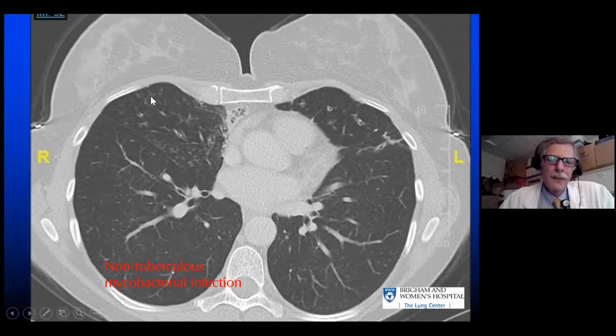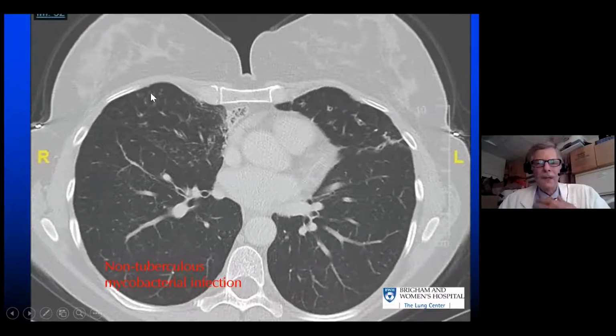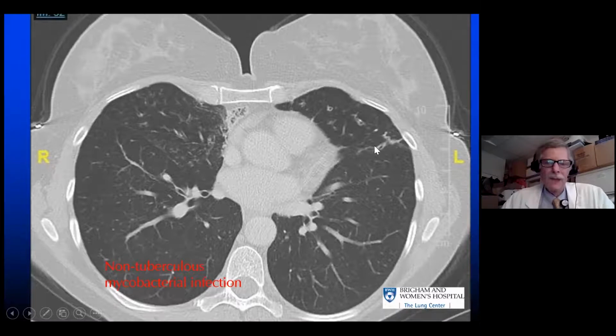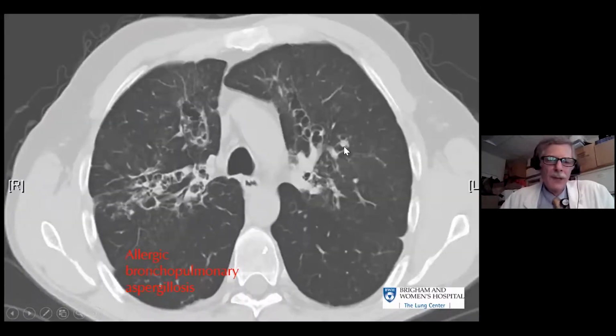Tree-in-bud nodules, bronchiectasis in the periphery, particularly middle lobe and lingula, might make you think about this diagnosis. And here again, a dramatic, pathognomonic, I think, image, central bronchiectasis, big dilated airways, not in the periphery, but here centrally. This would be very characteristic of allergic bronchopulmonary aspergillosis.